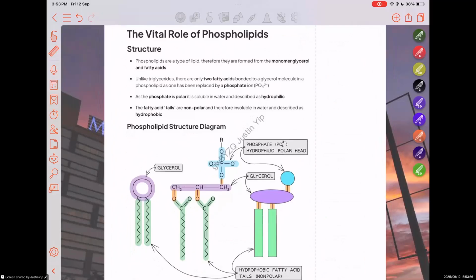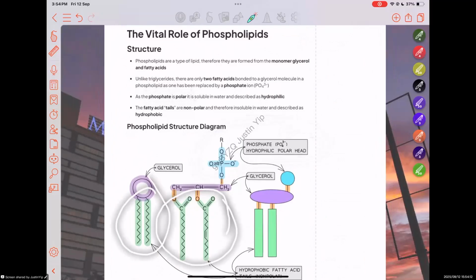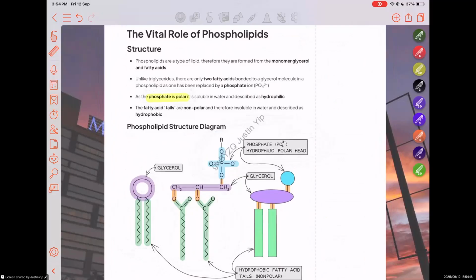You have something called a phosphate group, which is the blue colour part. This phosphate group is polar, while the fatty acid tail is non-polar. Phosphate is polar, fatty acid tails are non-polar.